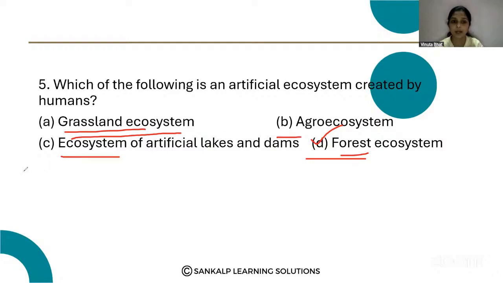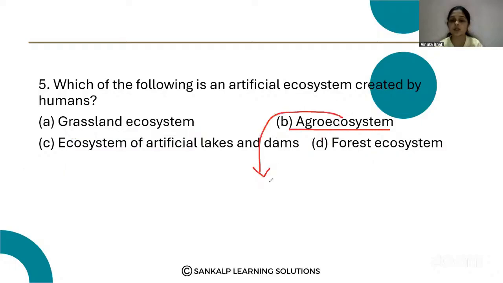If you compare, agro ecosystem means that is related to agriculture fields growing some crops. The ecosystem like an agriculture field and all. So this is the man-made ecosystem. Agro ecosystem is the man-made ecosystem.